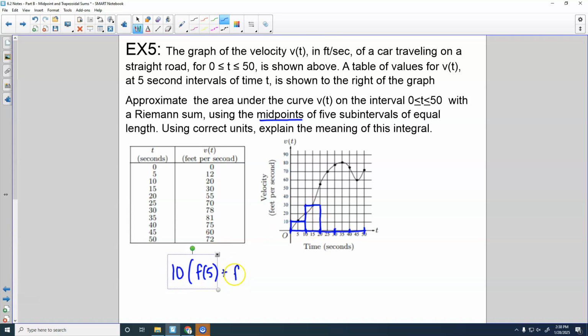This one would be f of 15. Our next one would be right there at 25 for our height, so f of 25. This one here would be f of 35 and f of 45 for that last one.